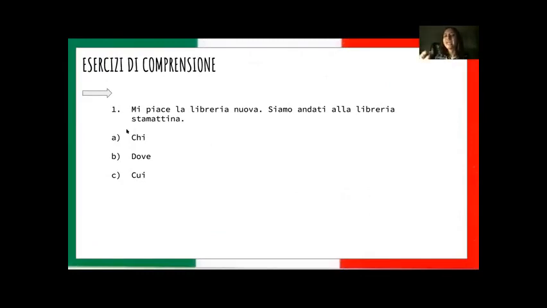Mi piace la libreria nuova. Siamo andati alla libreria stamattina. E la risposta è A, B o C. Okay, everybody write in the chat A, B or C. Okay, I'll give you a couple minutes to see some of the answers coming.